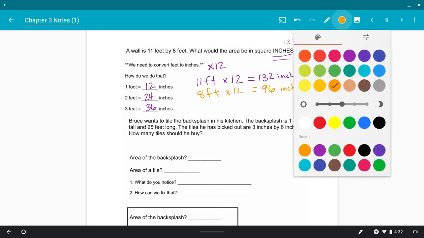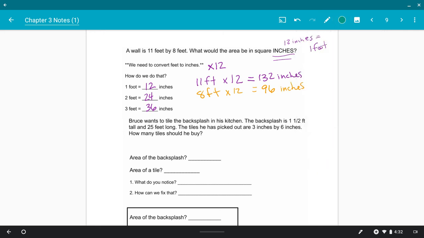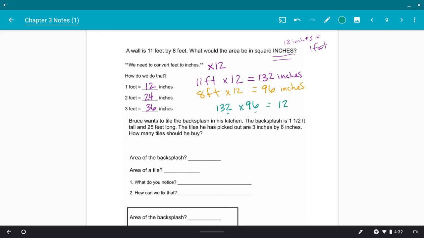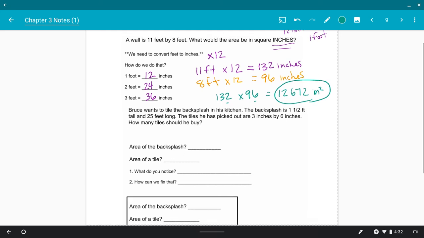So to find the area in square inches, you would take 132 times 96. You would do the inches times the inches. Ooh, that's going to be a big number. 12,672 inches squared or square inches.